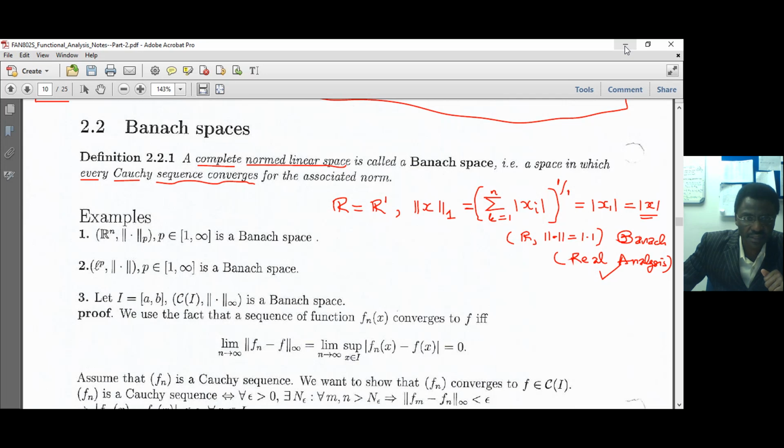Okay, let me check that one. The definition of complete is there. A metric space is called complete if all Cauchy sequences converge. That's for a metric. Now, instead of a metric, you have a norm. The space becomes a Banach space. Banach's fixed point theorem.